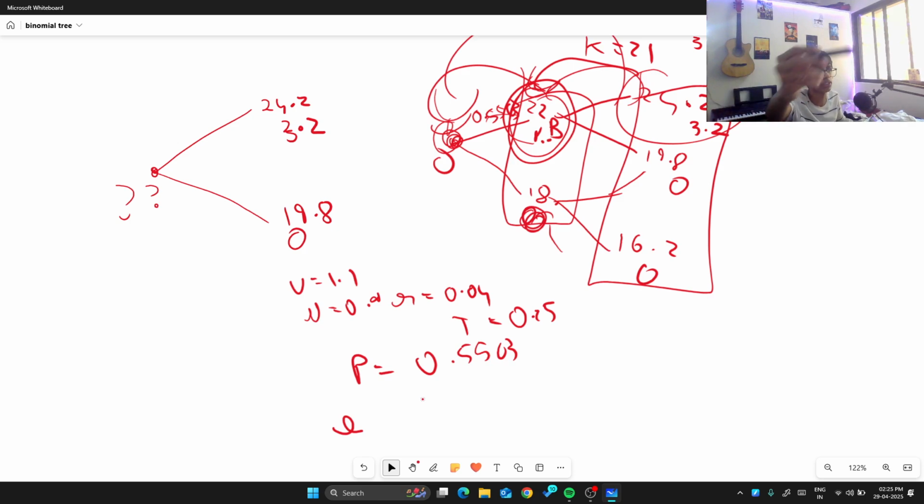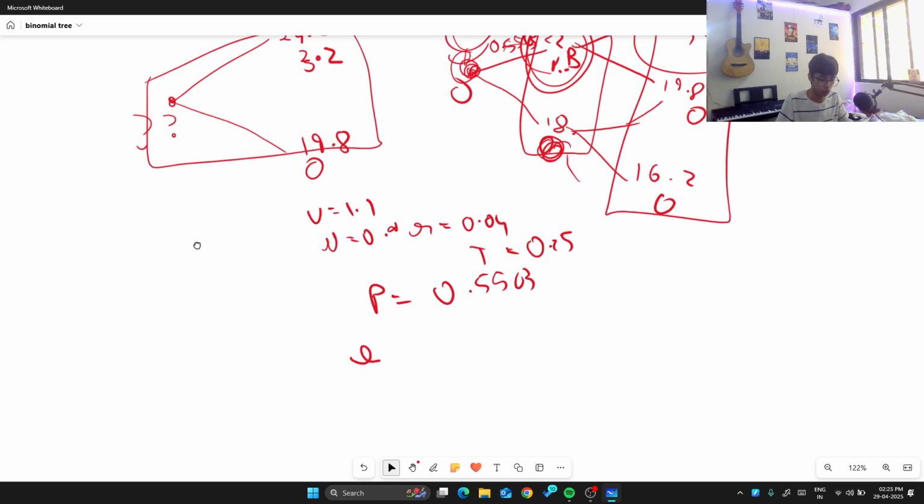So we just have to find the value of node B. Forget all this and see it as a single time step binomial tree, and we know how to value it, right?